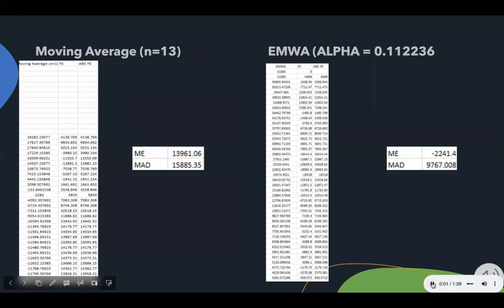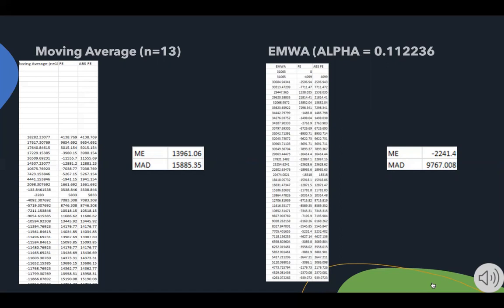Continuing from the last slide, here is the moving average forecasting method. The n that I decided to use was n equals 13, since there are 52 weeks in a year, and I wanted to see what it would look like on a 13-week moving average, considering that that will be each quarter.